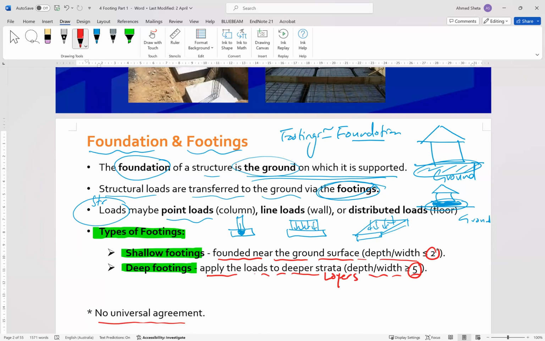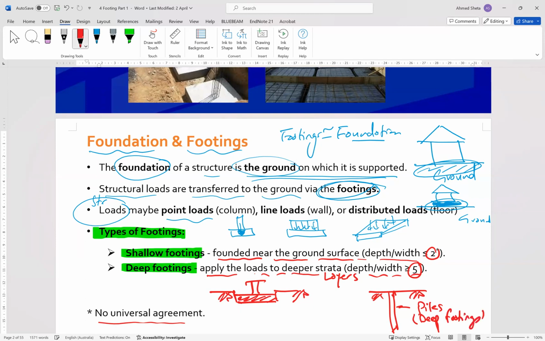Okay, so we have shallow foundation, for example. This is our footing very near to the ground. We might also have deep foundation, so we have piled or deep footing.